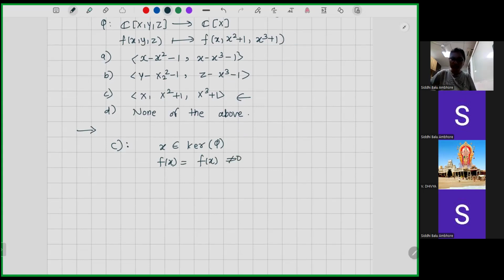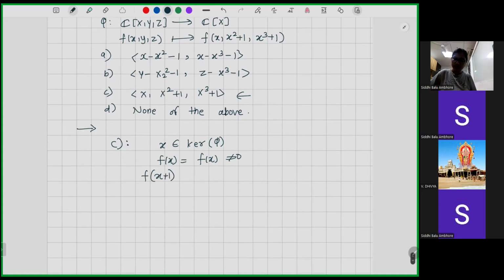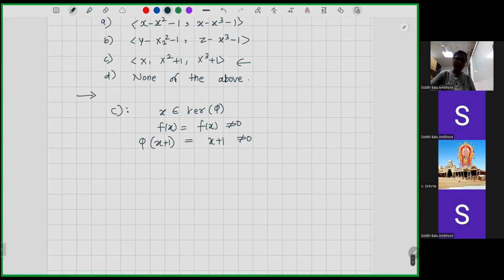Which need not be 0, because I can simply consider this polynomial x plus 1, and phi of x plus 1 is x plus 1, which is definitely non-zero. Okay, so this definitely C is not the option.